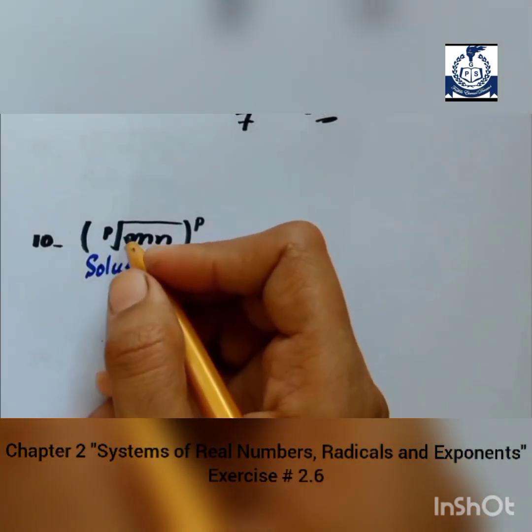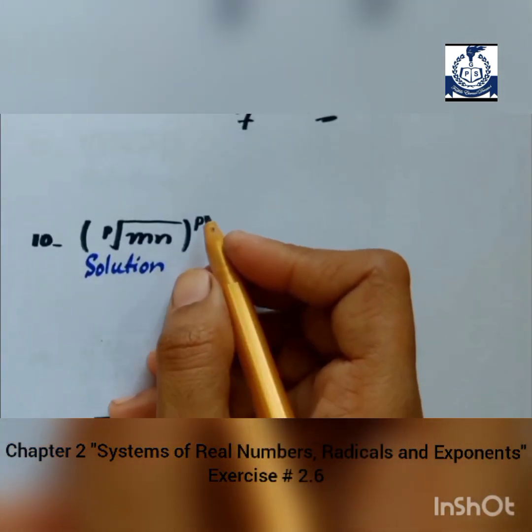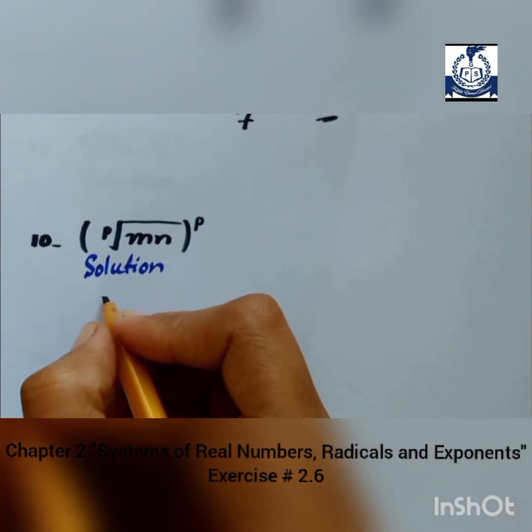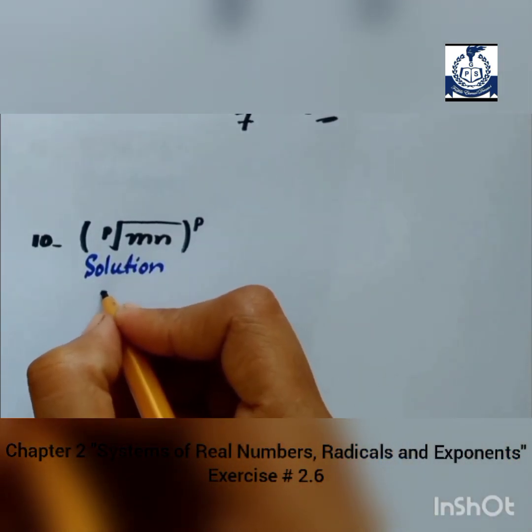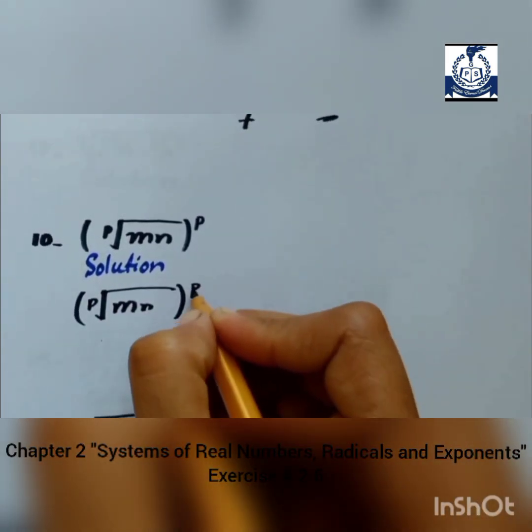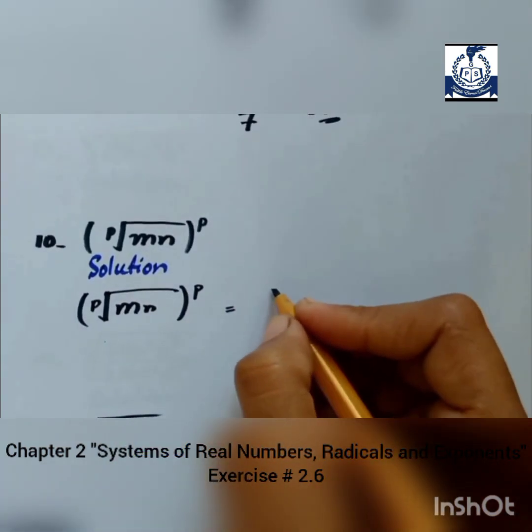Part number 10 is p root of m n, whole power p. So here the index is p, the radicand is mn, and whole power p.